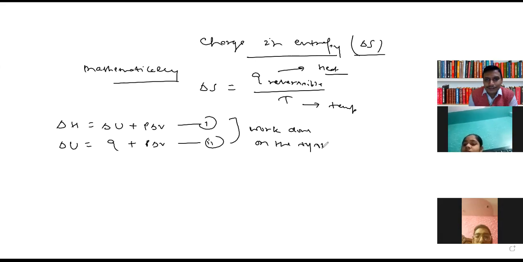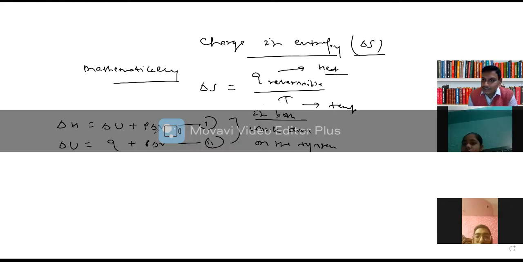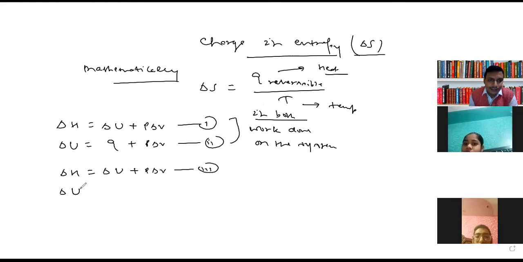But if you take work done on the system in one case and work done by the system in another case, you will get delta H is equal to delta U plus P delta V, equation third, and delta U is equal to Q minus P delta V, equation fourth.